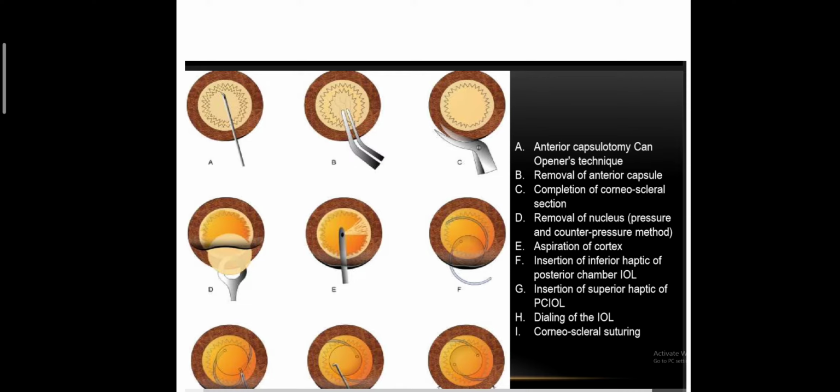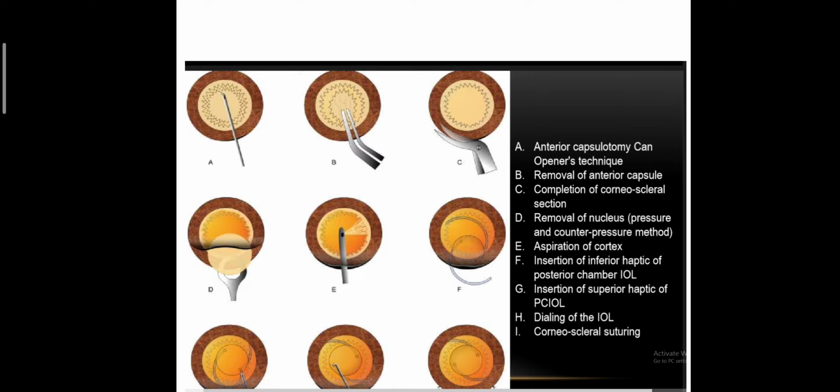So hydrodissection has to be done. See, if you see this image, the fluid injection is there. So it is done below the peripheral part of the anterior capsule. So it goes and separates the cortex from the nucleus.